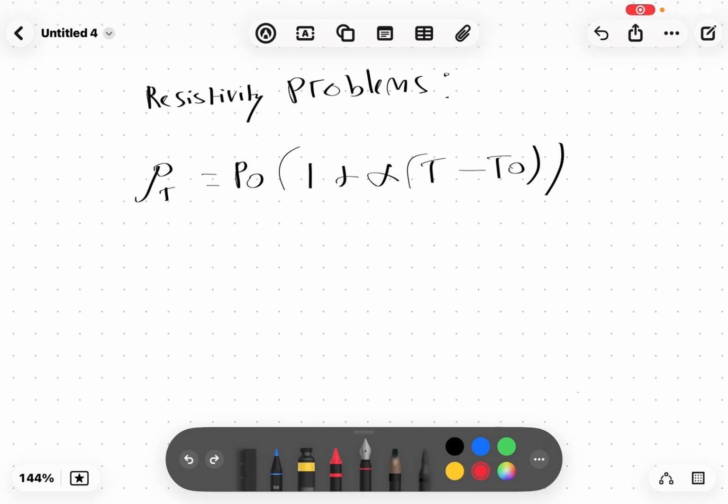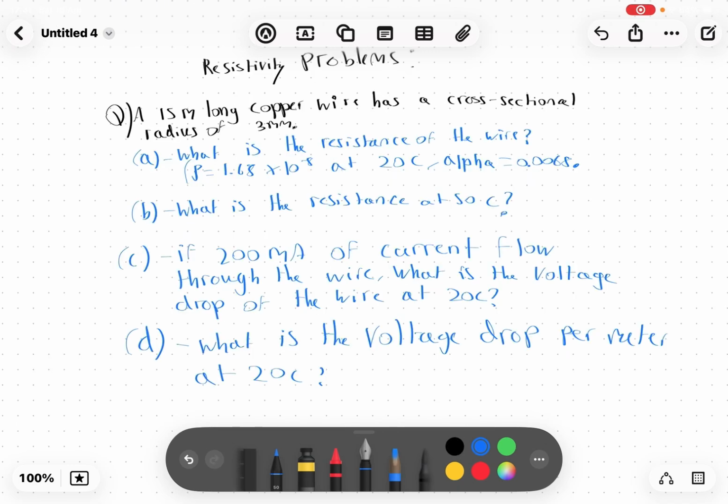Why we're talking about this is, for metals, if you increase the temperature, the resistivity increases.